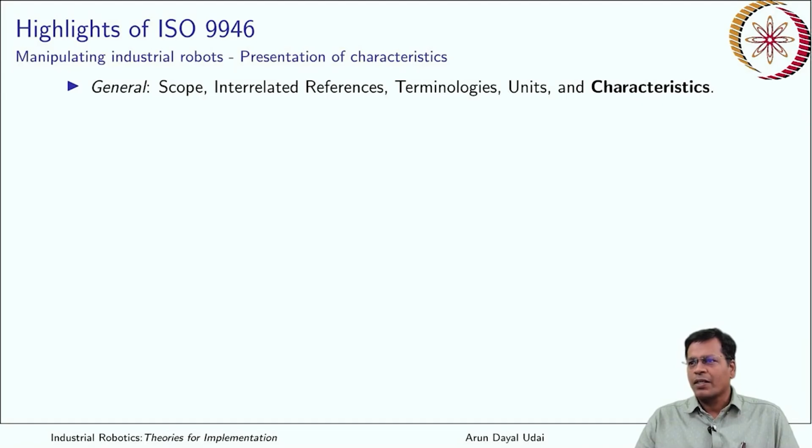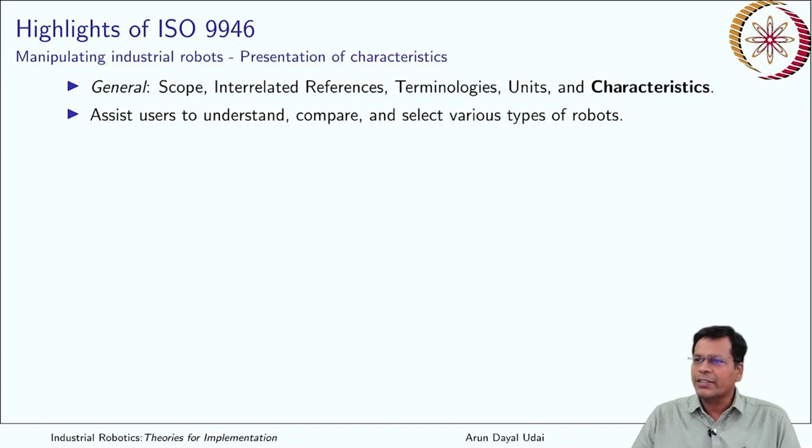One of them may be the vocabulary of industrial robots. Without understanding the different vocabularies, you cannot define ISO 9946 or many other similar ISO standards. Then come the terminologies, the units that this standard follows, and finally the special characteristics necessary to define this type of industrial robot. I'll talk about each of them one by one.